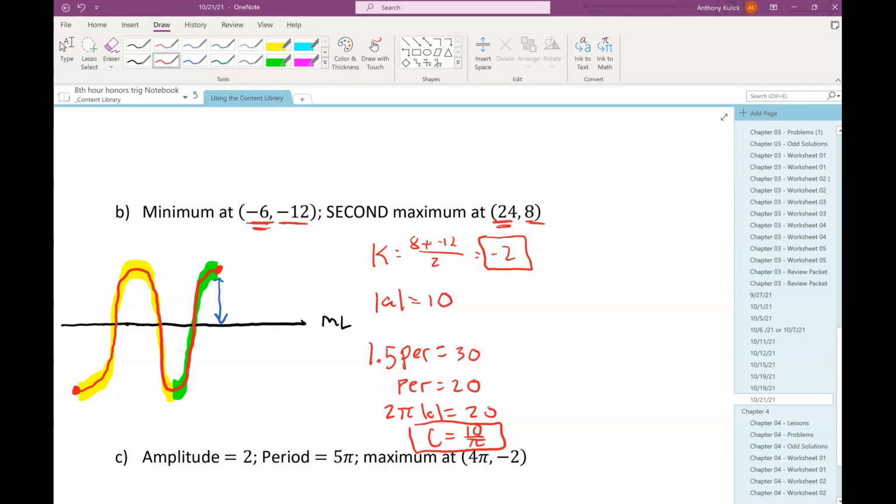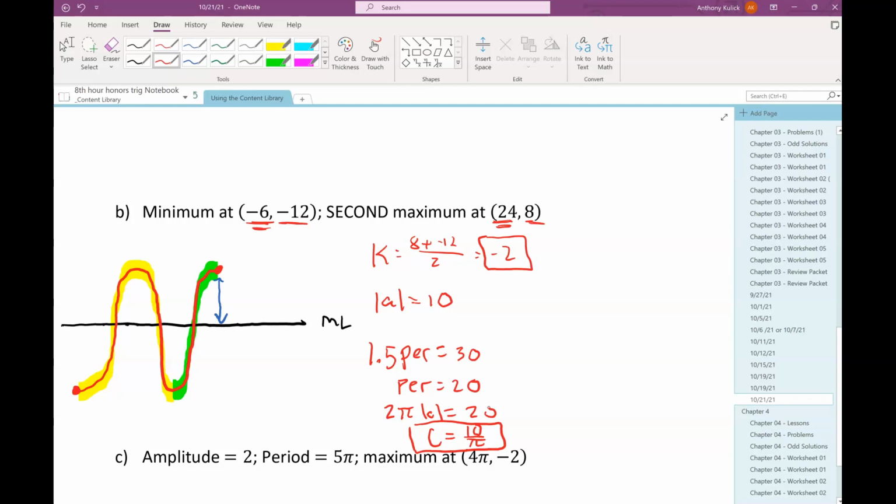So 30 divided by 1.5, think about it this way: 30 divided by 15 is 2, right? So 30 divided by 1.5 is 20, right? I don't know, just mental math. You can use your calculator, that's fine too. Still got some more to do. Yeah, Luke? Sure.